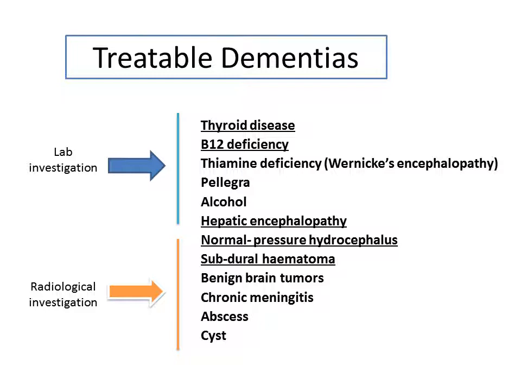The causes that could be discovered by laboratory investigation include thyroid disease, B12 deficiency, thiamine deficiency, which is Wernicke encephalopathy, pellagra, alcohol, and hepatic encephalopathy. Radiological investigation can also detect normal pressure hydrocephalus, subdural hematoma, benign brain tumors, chronic meningitis, abscess, and cysts.